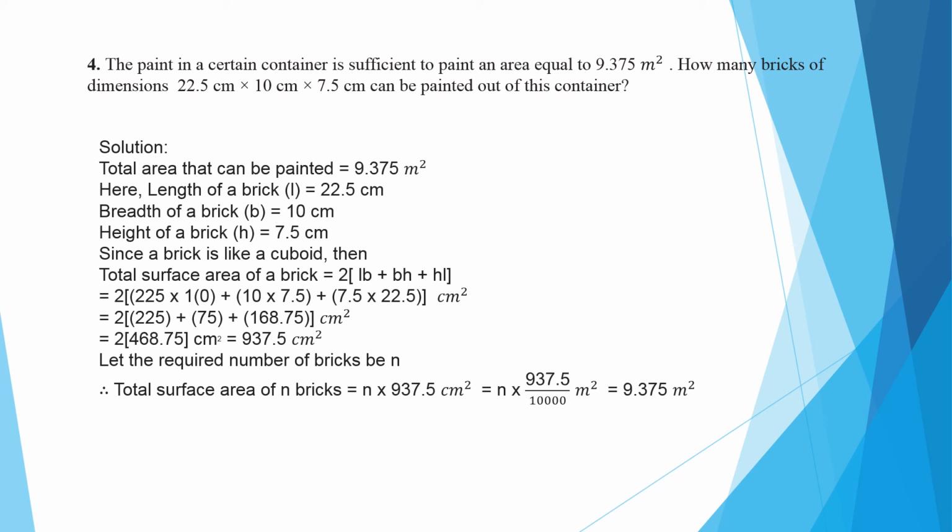So we are getting 9.375 meter square into n. Okay. Now this total area will be equal to 9.375 meter square, because it is given as the total area that can be painted. So n is equal to 100 on solving. In this way we can find the total bricks that can be painted: 100.